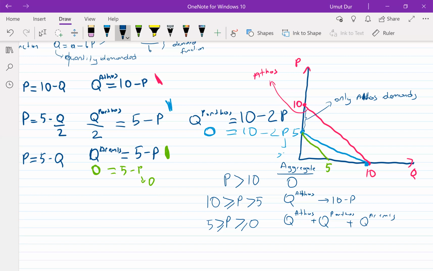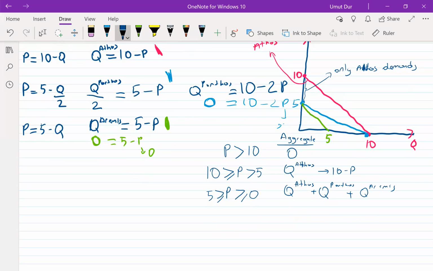In fact, I will just sum the right hand side of the equations. So what is the demand for atos? It is 10 minus p. This is the first term. Then 5 minus p, this is the second term.